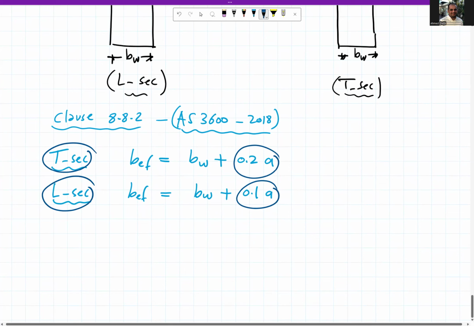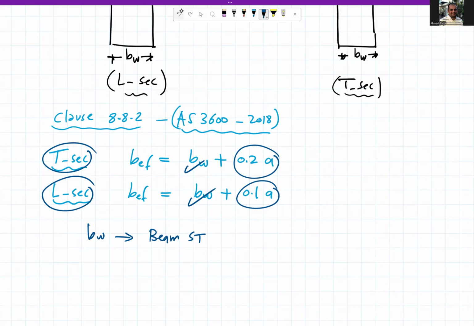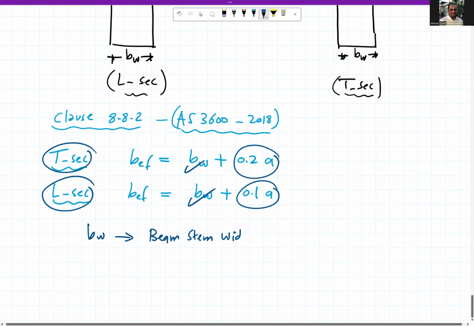Okay. BW is known as the beam stem width, or this one here. This is BW.